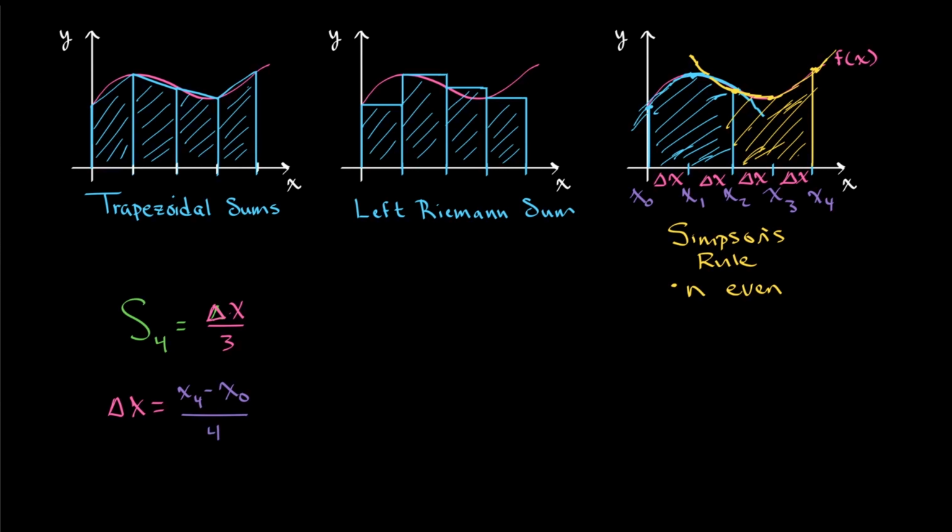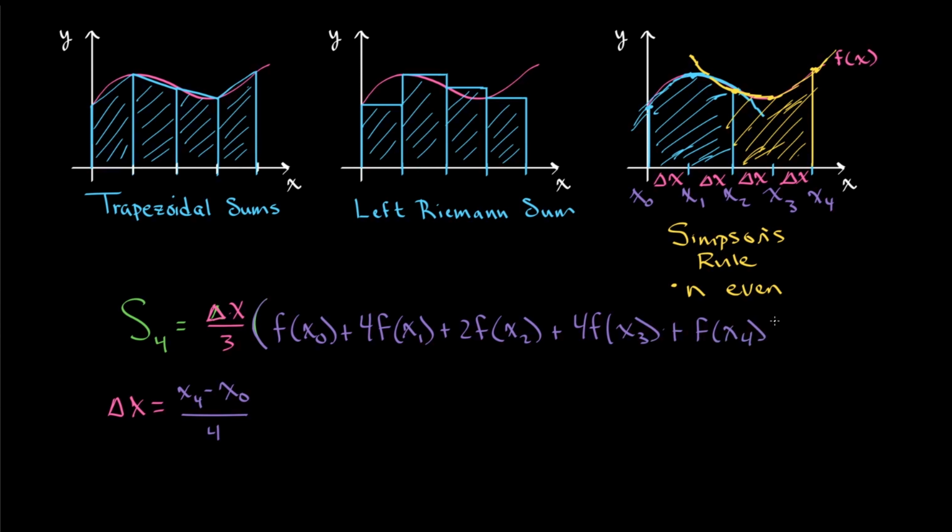But anyways, Simpson's rule is saying we're taking delta x divided by 3, and then we're multiplying that by this entire thing here: f of x naught, plus 4 times f of x sub 1, plus 2 times f of x sub 2, plus 4 times f of x sub 3, and then finally plus f of x sub 4. So this is Simpson's rule applied to this example.